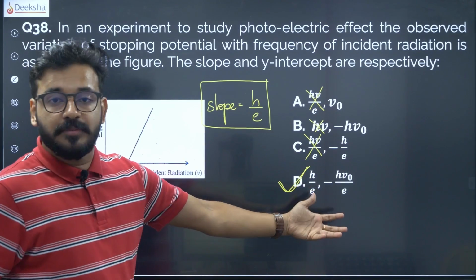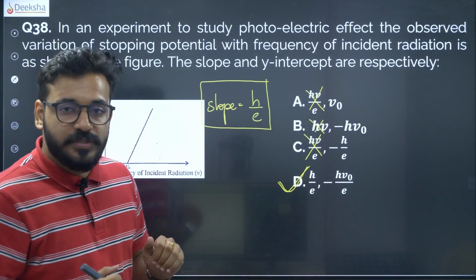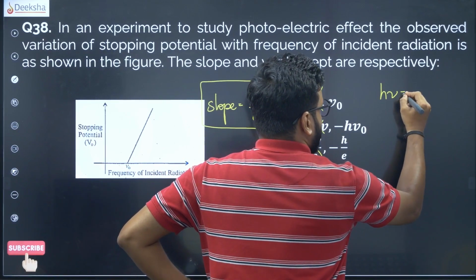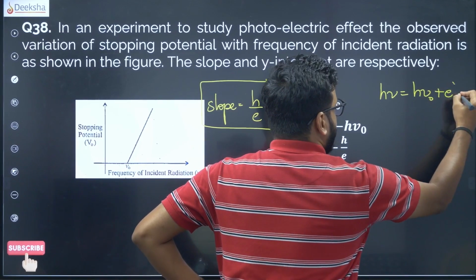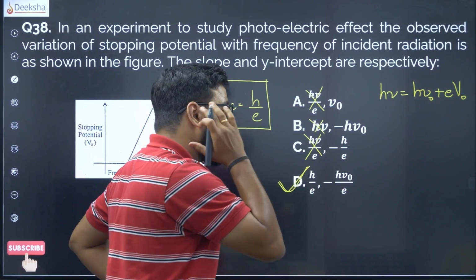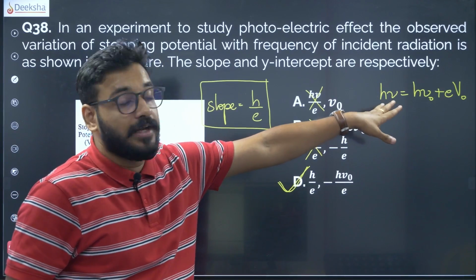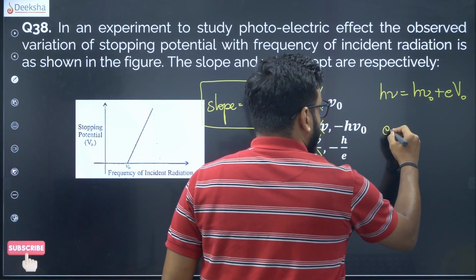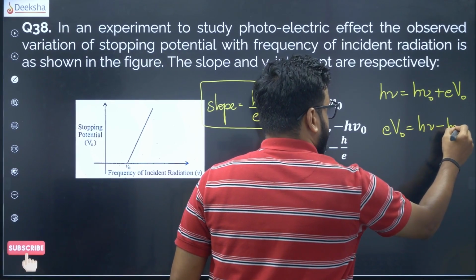Now you can ask me, sir, how did the y-intercept come? Let me tell you. Here you have to use Einstein's photoelectric equation, h nu is equal to h nu naught plus e V naught, correct? Why I took kinetic energy as e V naught in electron volt format, I'll let you know. Now just rearrange: e V naught is equal to h nu minus h nu naught.